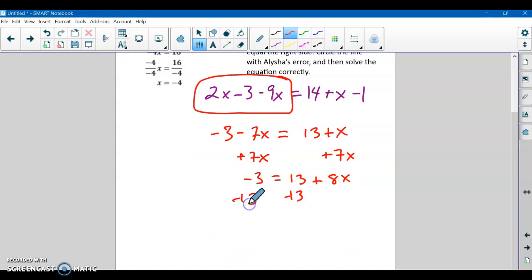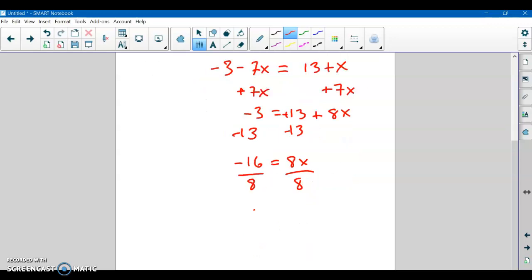I'm going to subtract it because this is positive. If there's not a minus sign in front of it, you can't assume it's positive. So I will have negative 16 is equal to 8x. Divide both sides by the 8, and we'll have x is equal to negative 2.